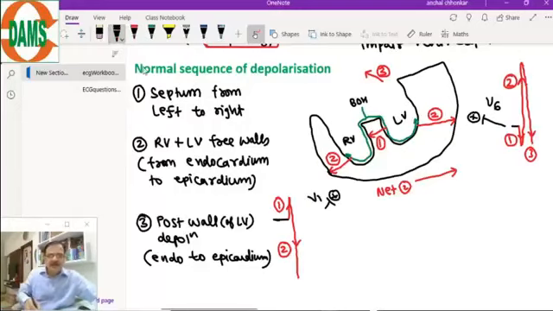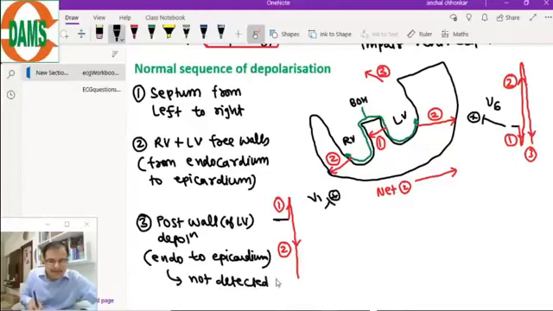While in V1, this event is not detected by V1, because the posterior wall is far away from V1. So what will happen when there is no further event which is detected?